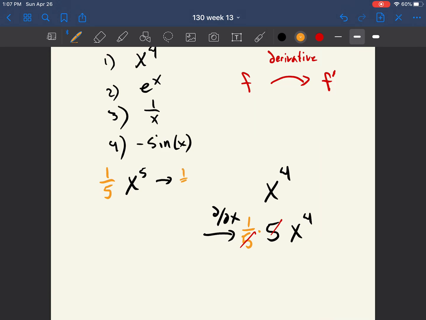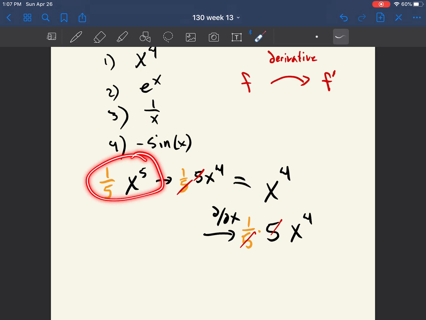The derivative of 1/5 x to the fifth: the 1/5 is just hanging out there. Differentiate x to the fifth, that's going to be 5x to the fourth. The 5s cancel, and you're left with just x to the fourth. So this 1/5 x to the fifth is exactly what we're looking for.